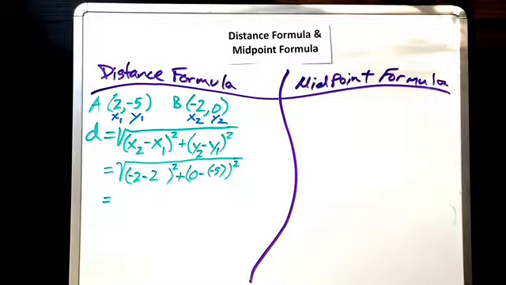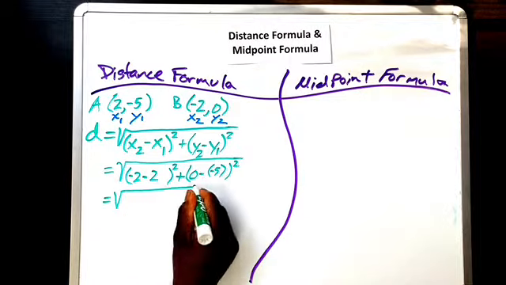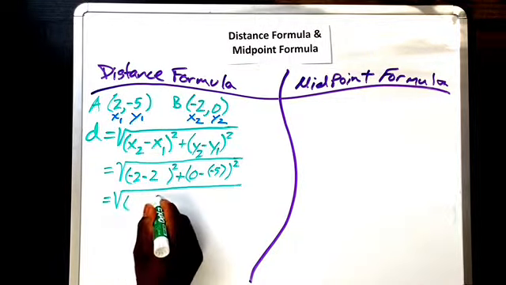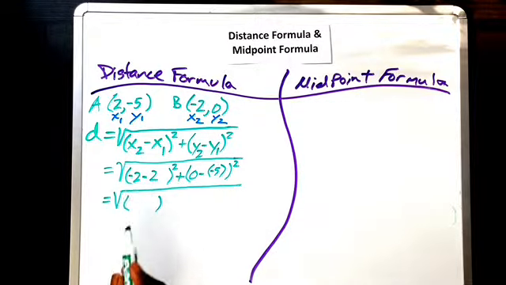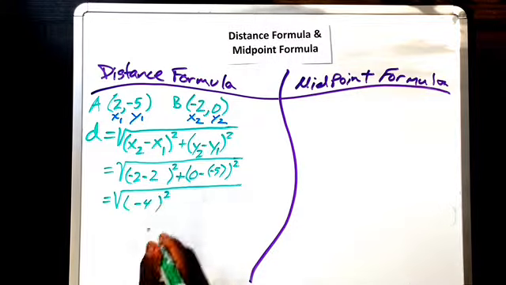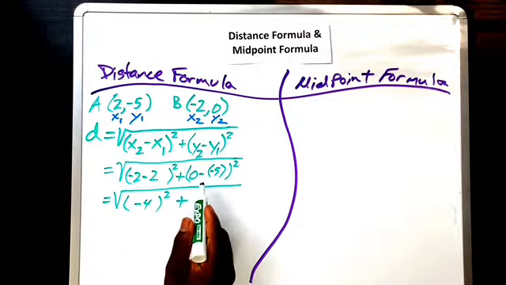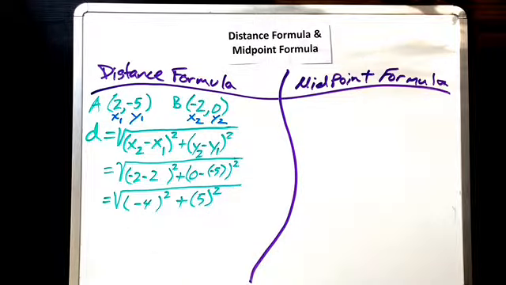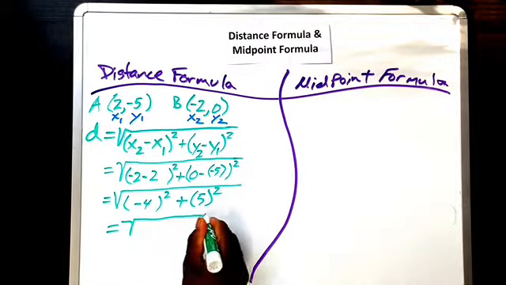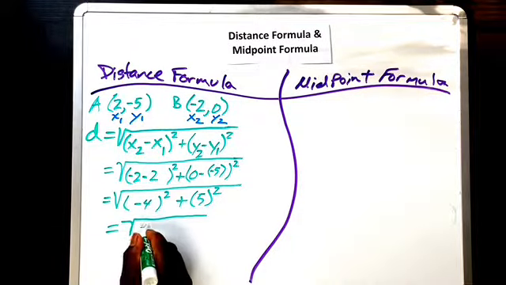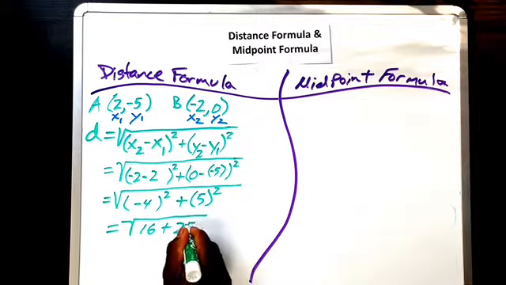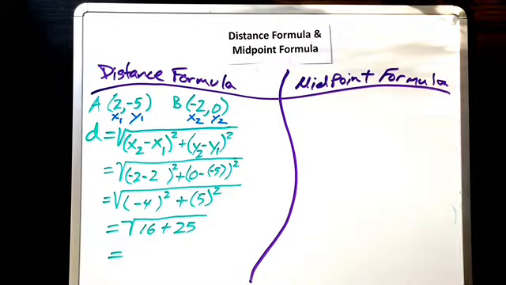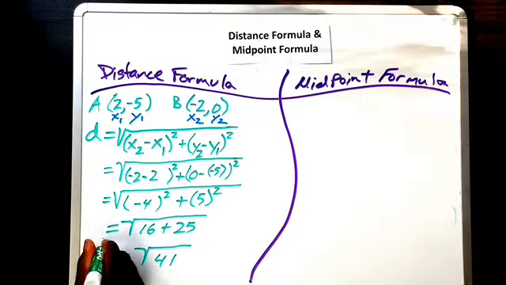Now, we're going to go ahead and simplify. So again, it's the square root of negative 2 minus negative 2 is negative 4 squared plus 0 minus a negative 5 is a positive 5 squared equals square root of negative 4 squared is 16 plus 25, equals the square root of 41.